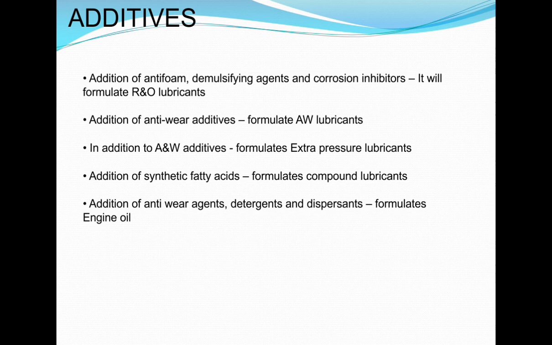So detergent has a very nice property. And dispersants are added to the lubricants because they prevent the formation of sludge, varnish, and other deposits. So we have seen that there are many types of additives which are added to the lubricants for different properties.